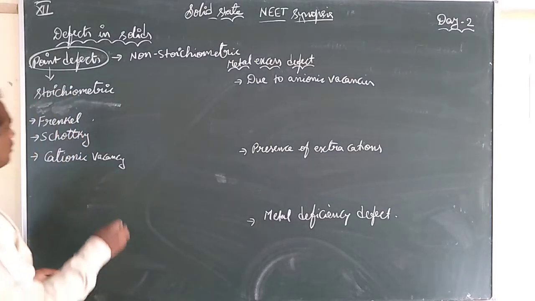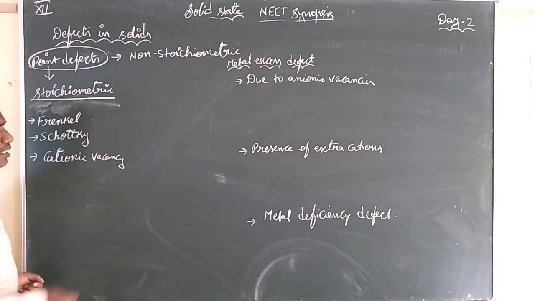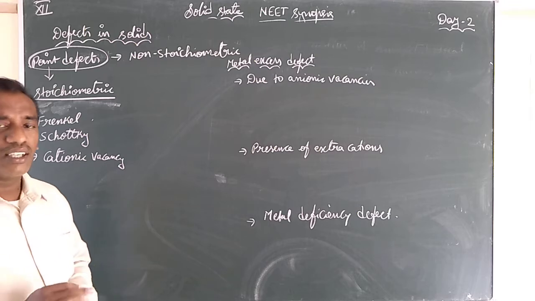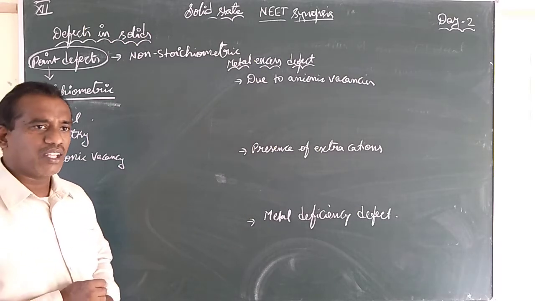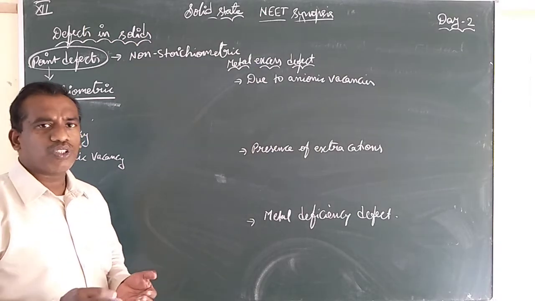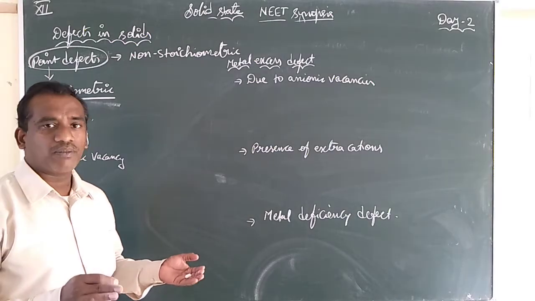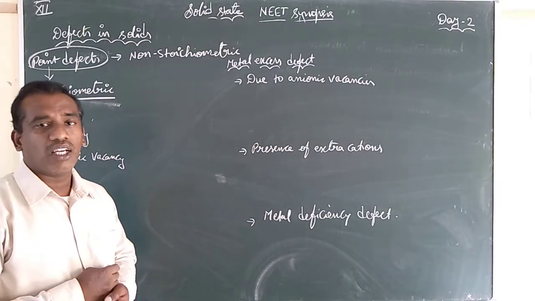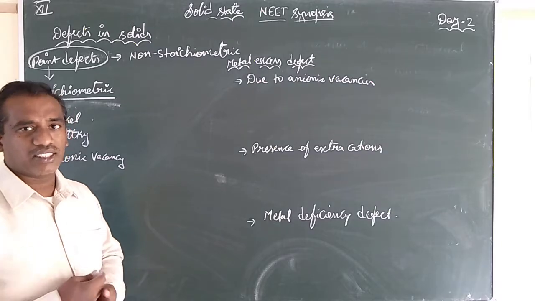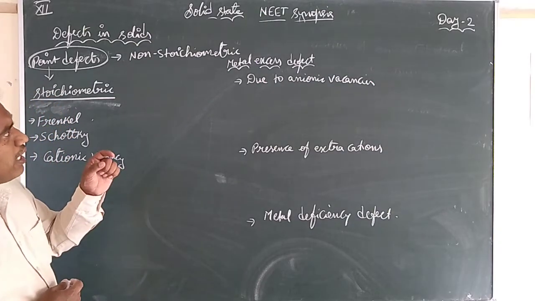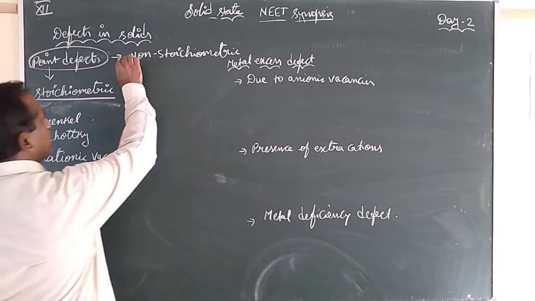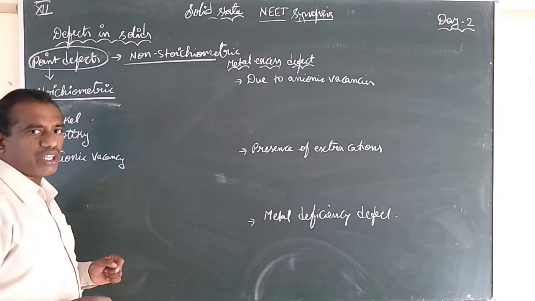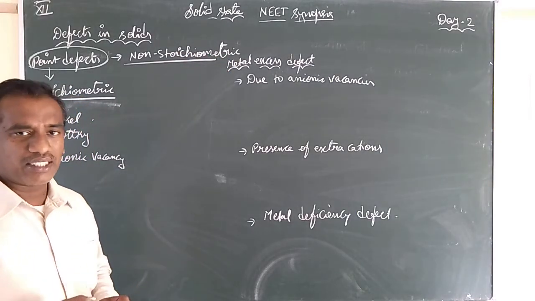So under point defects, what is a stoichiometric defect? They are in a balanced state. What is meant by a balanced state? Overall, the number of atoms or the mass of the substance remains constant. There will not be any imbalanced state. Later on we also classify the non-stoichiometric defect, where there will not be any balanced condition.